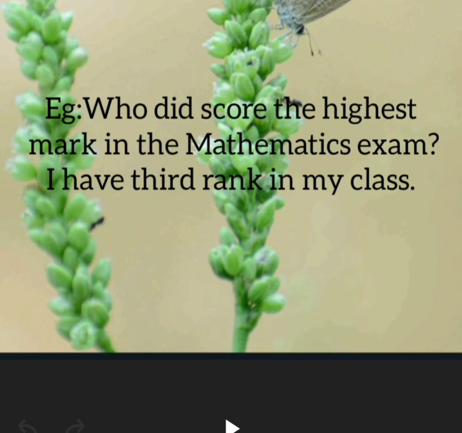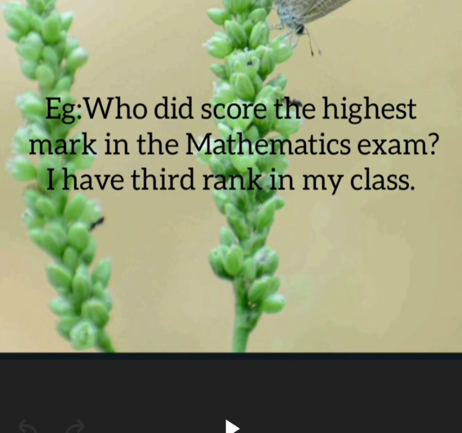Who has got the first rank in the mathematics exam? That's the question. The answer will be who got the first rank in the mathematics exam, isn't it? So the answer is the determiner here.